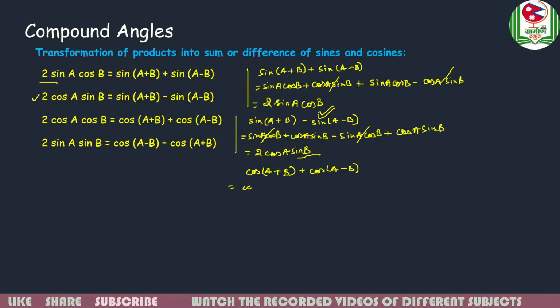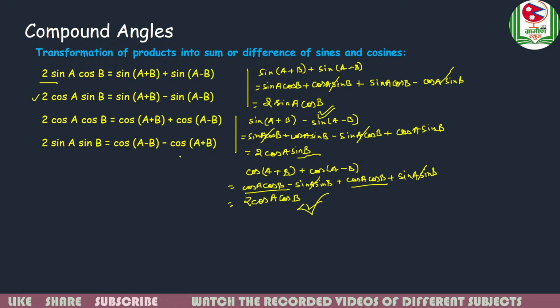Cos(A+B) is cos A cos B minus sin A sin B, plus cos A cos B plus sin A sin B. As it is cos A cos B minus sin A sin B, here we can cancel out the minus and plus, so the result is 2 cos A cos B, the like terms cos A cos B are added, so it is 2 cos A cos B.